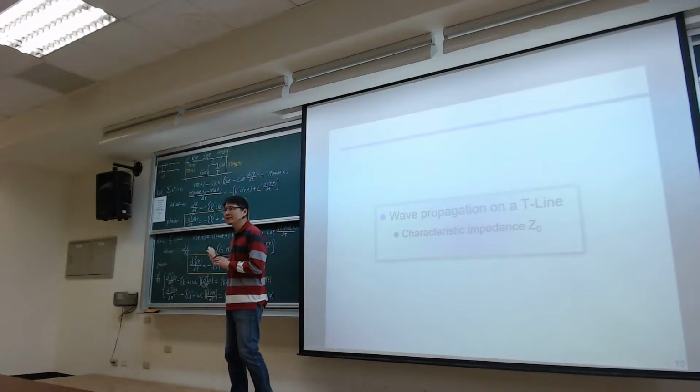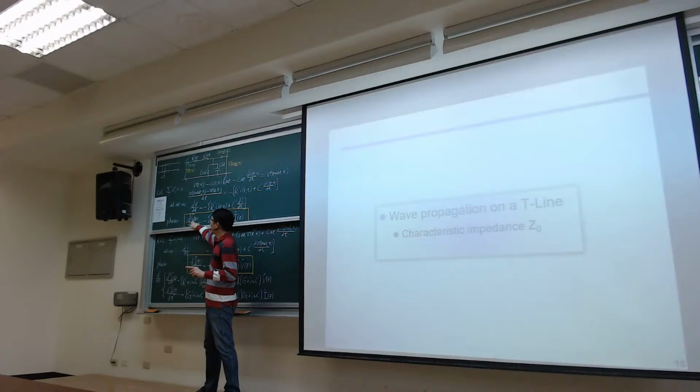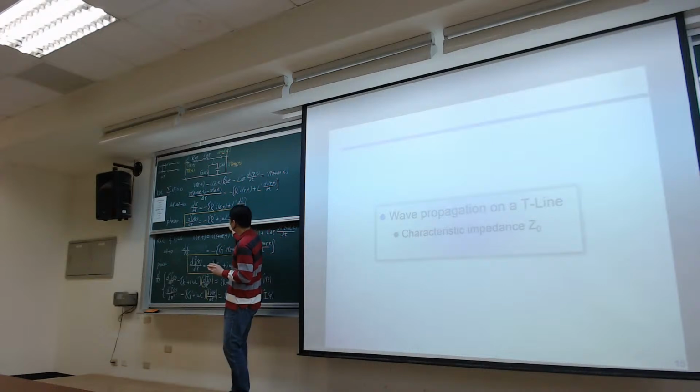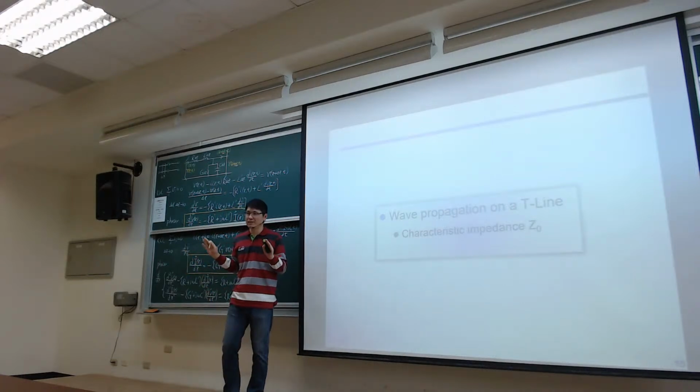Initially, we didn't like them because on one side I have voltage, which is to be solved, but on the other side I have current, also to be solved. Different parameters on different sides of the equation, we don't like them.